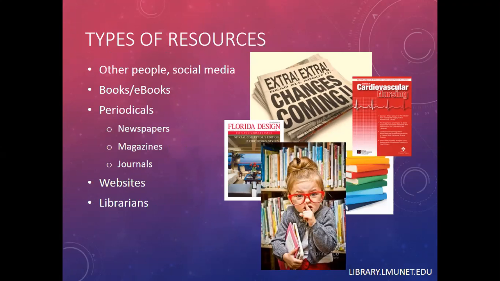Resources that you can look at and that librarians can help you with sometimes include books, ebooks, and periodicals like newspapers, magazines, or journals, websites, and other people such as librarians. Oh yeah, and social media.